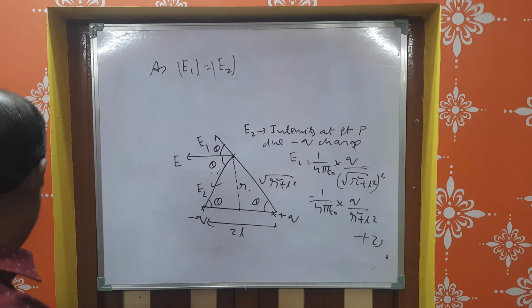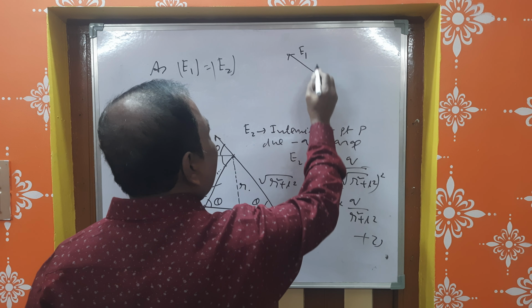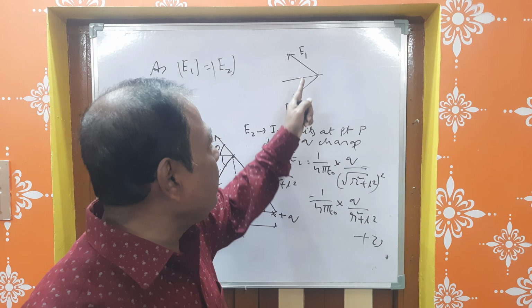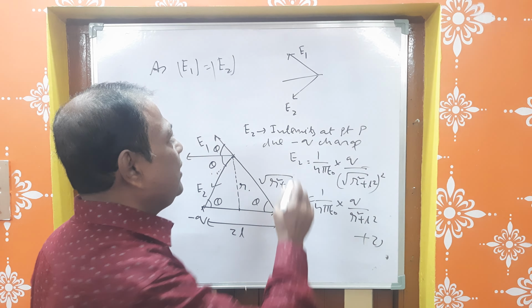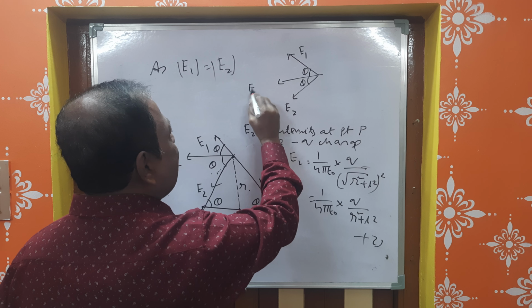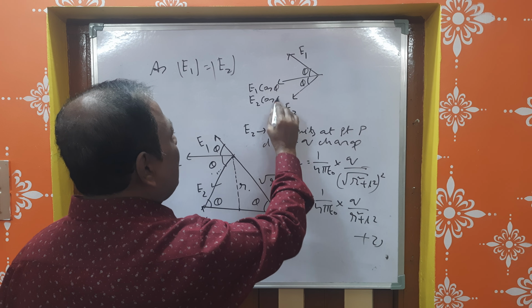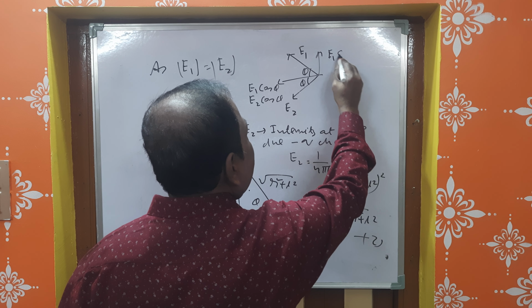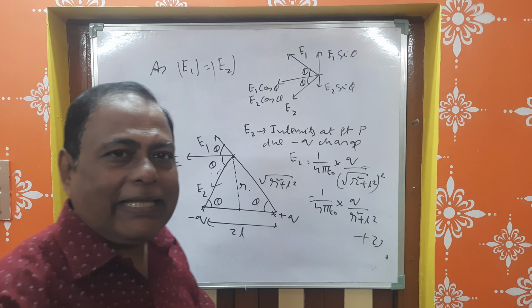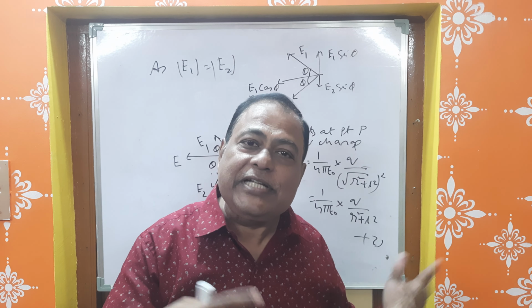So I can split it: this is your E1, that is your E2. The resultant intensity will be along the bisector position. What is the component of vector E1 along this? E1 cos theta. The component of E2 along this is E2 cos theta. And the other components are E1 sin theta and E2 sin theta. Note one thing, E1 sin theta and E2 sin theta cancel each other, because they have equal magnitude and opposite direction.